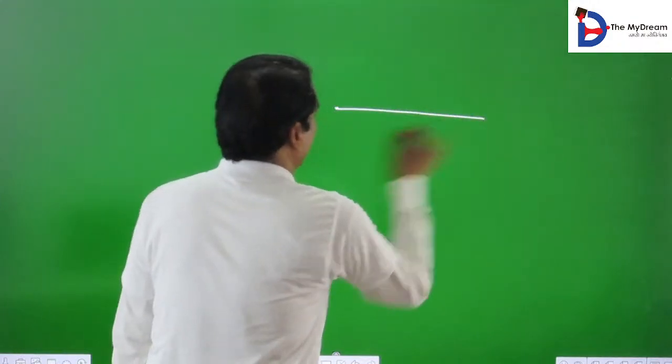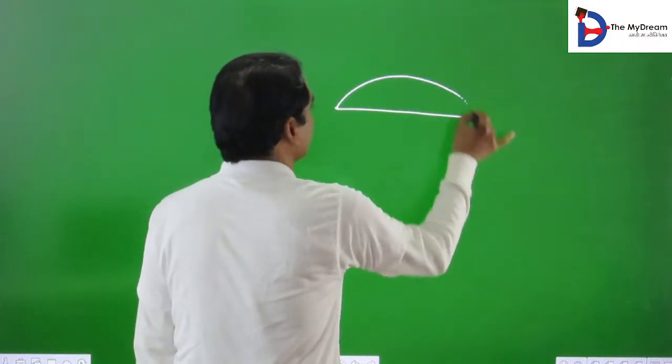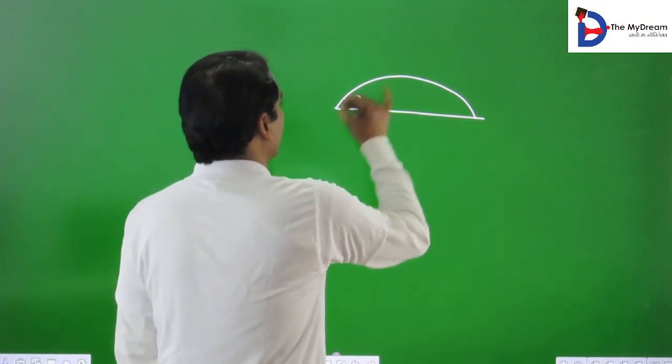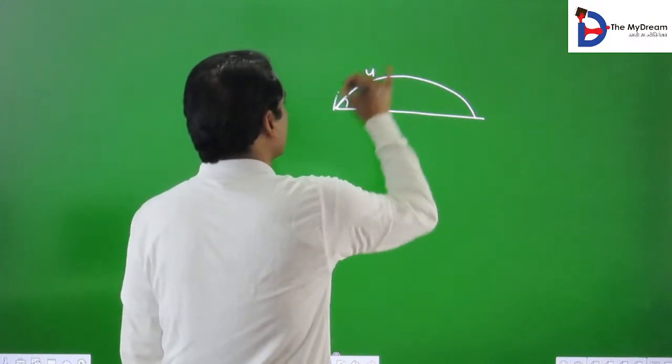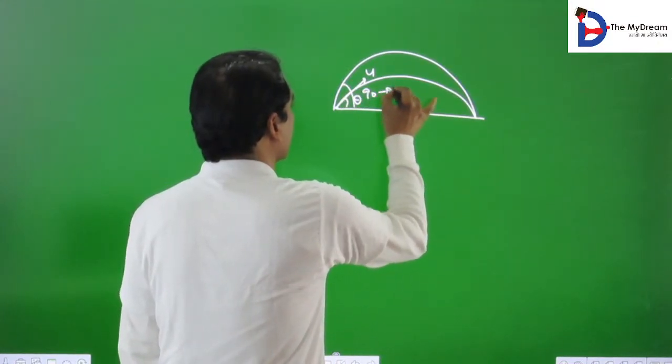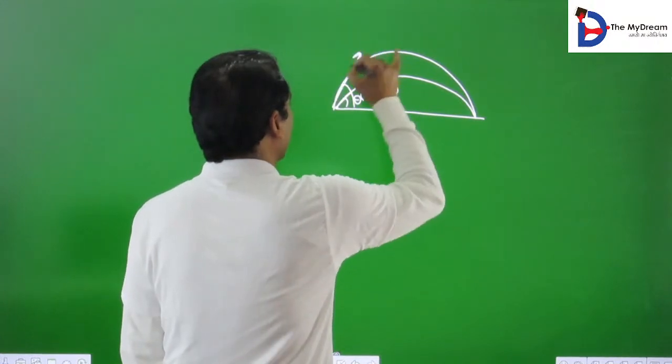If two objects are thrown, one makes an angle theta, another one makes 90 minus theta, with a certain velocity.